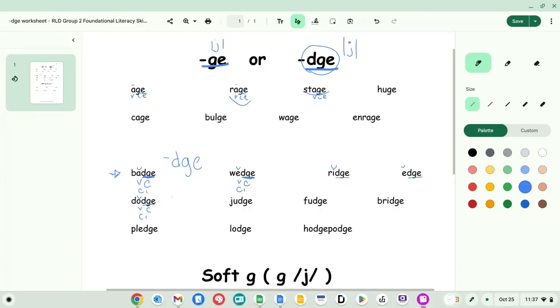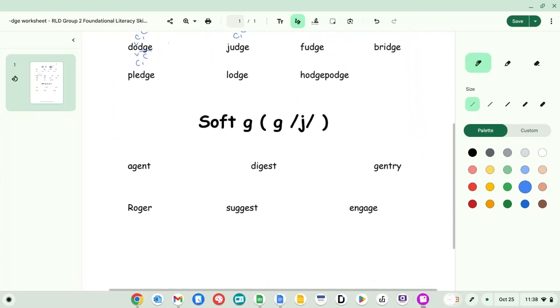We also want to bring their attention to how many syllables that word is, because the DGE rule is you only use DGE to spell J at the end of a one-syllable word after a short vowel, okay? Otherwise, you would use GE for the other words.